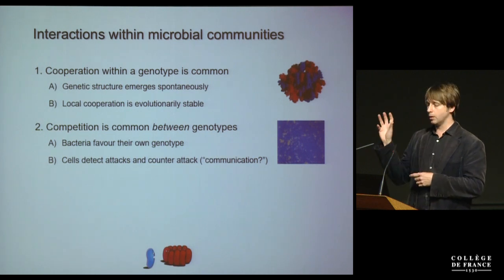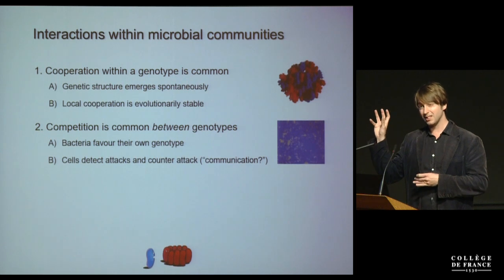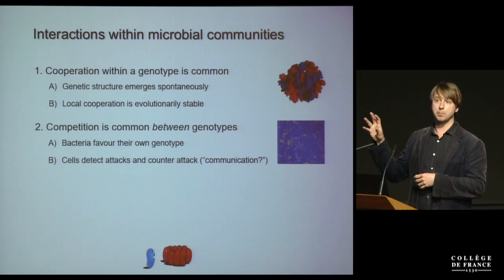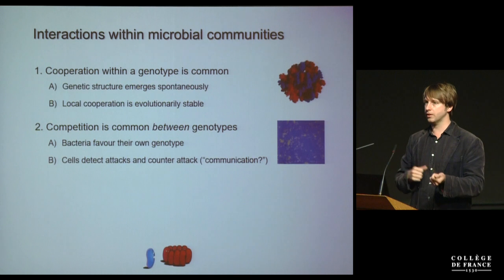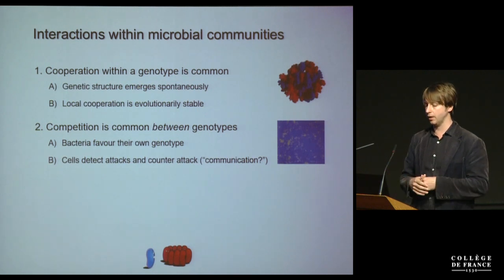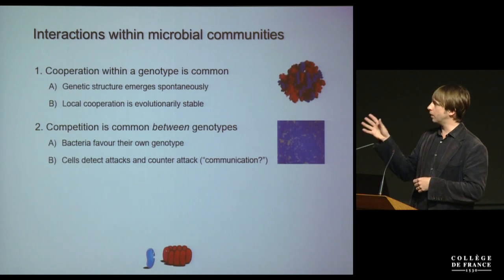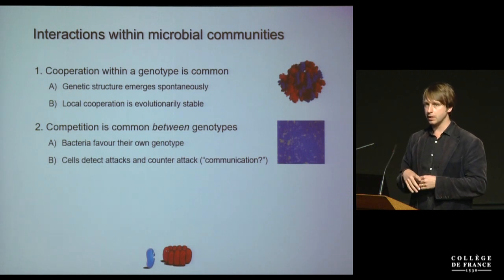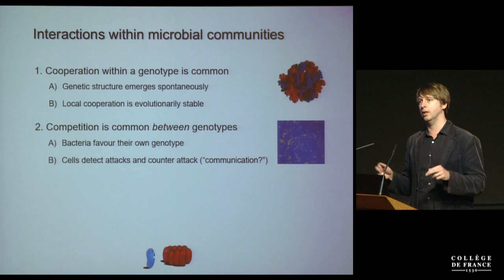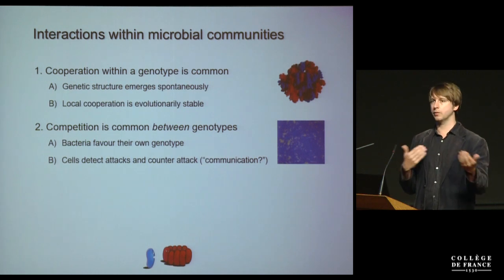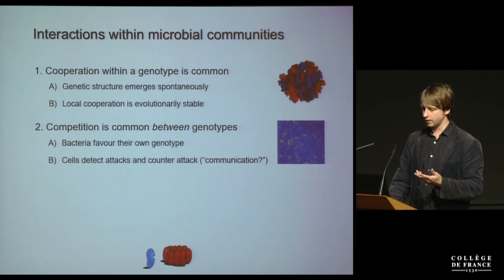And indeed, I argue that even things like stress responses have evolved, at least in part, to detect and respond to this important factor that every microbe has to deal with, which is competition with other genotypes. And I also argued in the context of the symposium that maybe a lot of what people might call communication is actually just detecting attacks and responding in kind. But I think that's an interesting question for discussion.